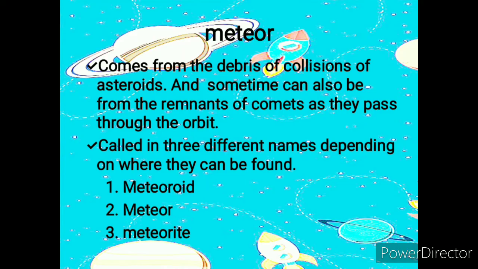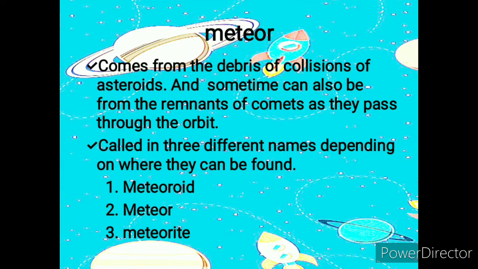Sometimes we experience the phenomenon of a meteor shower. So there is more than one meteoroid that happens to get inside the Earth's atmosphere and burns up. That is also what we call a shooting star, or a wishing star, or falling star.